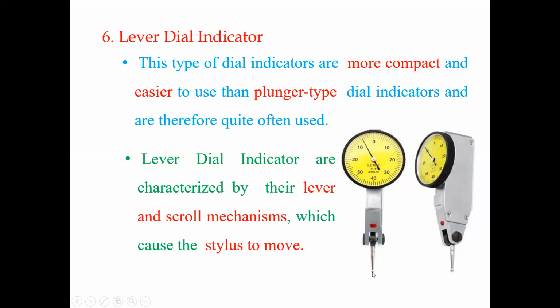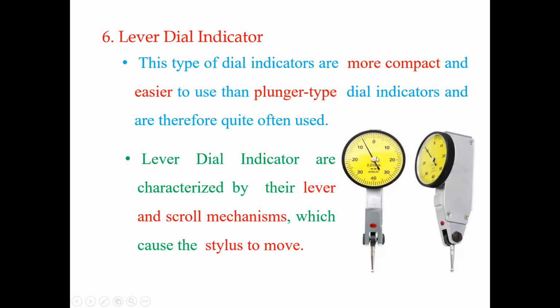The movement sensed at this spherical tip is conveyed to the lever inside. The lever transfers its movement to the scroll, and on the scroll the pointer is connected. So based on this lever and scroll mechanism, the pointer rotates on the dial to represent the reading sensed at the stylus. From here to here is called the stylus.